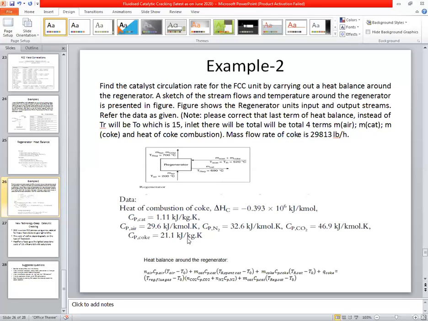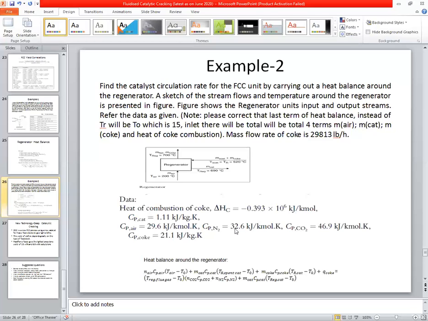The first thing we have to do: all the heat capacity units are given in SI units, joule, kilojoule, or kilogram.